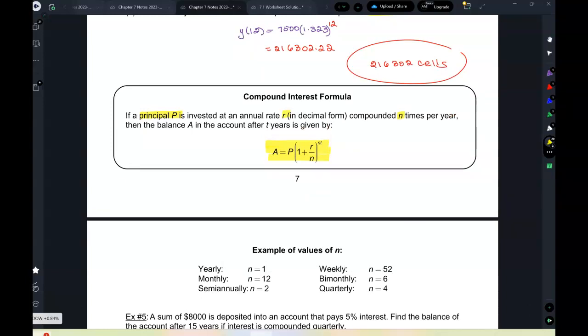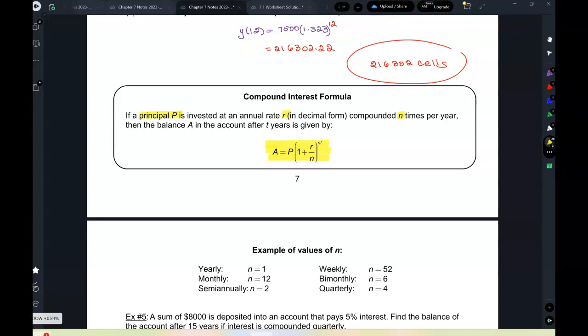n, this is important. n is the number of times in a year the bank is paying you money. And there are different accounts and different banks. So one account, the bank might say, okay, we're going to pay you interest 3 times a year. Another one says, we're going to pay you interest 12 times a year, every month. Another one says we're going to pay you interest annually, once a year.